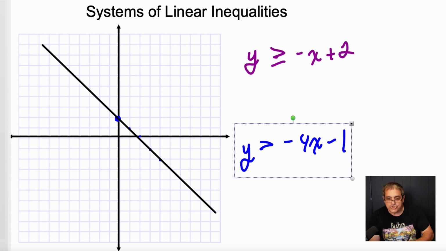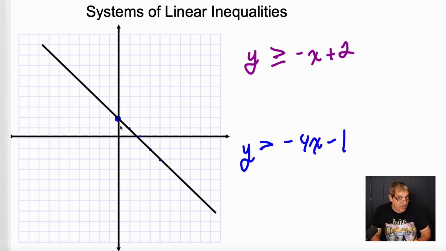Okay, so what you do is you pick any point on one side or the other of that line. The easiest one to use is 0, 0. So if your line isn't going through 0, 0, use that point. Okay, so 0, 0, if I plug this in, my y is 0, my x is 0, and 0 plus 2 is 2.